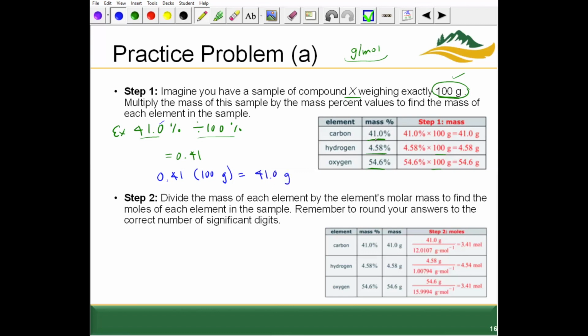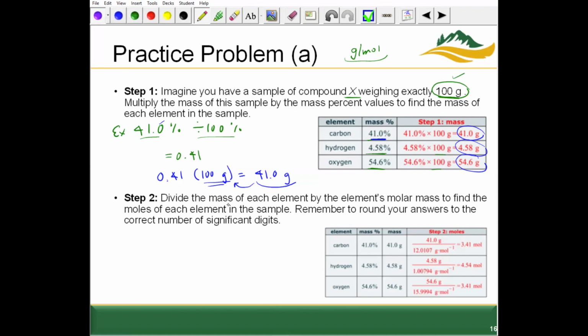So carbon having a mass percent of 41.0, when we conveniently assume that the total compound weighs 100 grams, then the mass of carbon is going to be 41.0 grams of that total 100 grams. We can do the same for hydrogen and the same for oxygen.